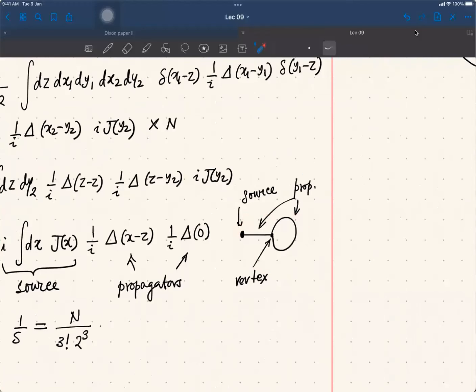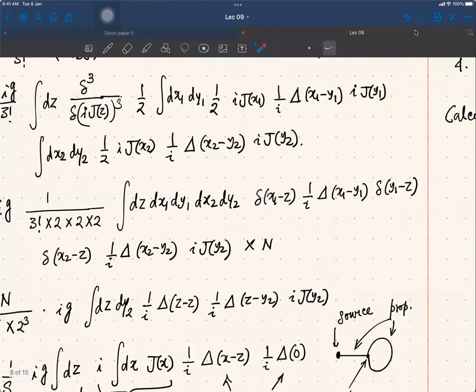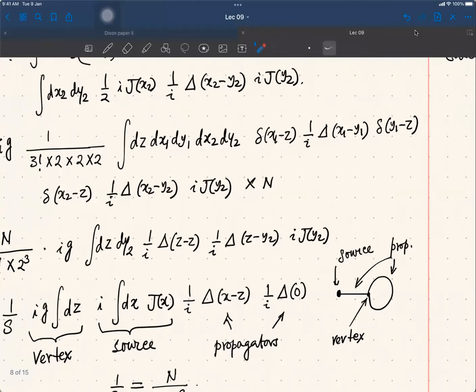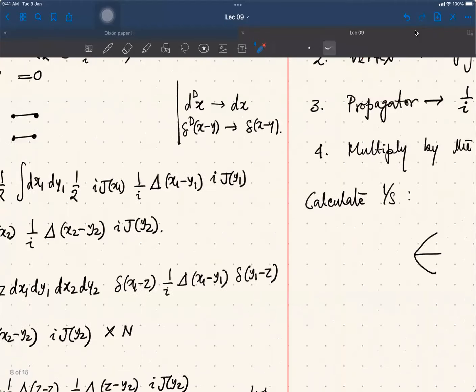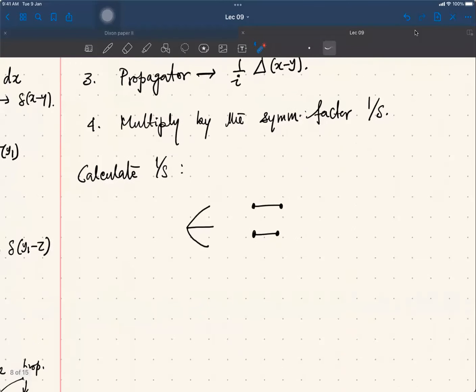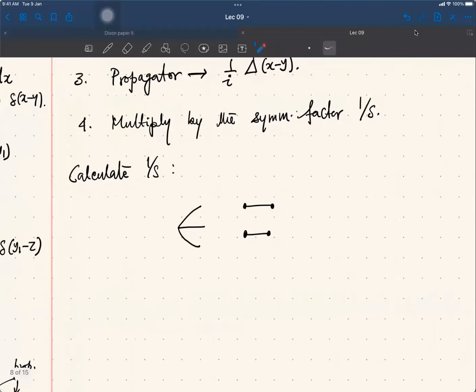From this topology, you know that 2 derivatives are going to act on the 2 dots of the same propagator, and 1 derivative is going to act on one of the 2 dots of the other propagator, right? So 2 derivatives will be acting on 2 dots of the same propagator, either this one or this one, and 1 will be acting only on 1 dot of the other propagator.